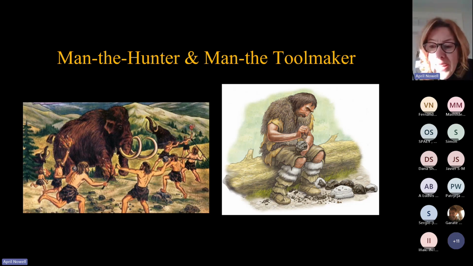We have to not assume that we already know the answer, because when I look at a stone tool, there's nothing about that stone tool that tells me whether a man or a woman, or whatever gender people would have identified as, has made that tool. I have to ask questions and look at a variety of sources of information to try and come to a particular answer.